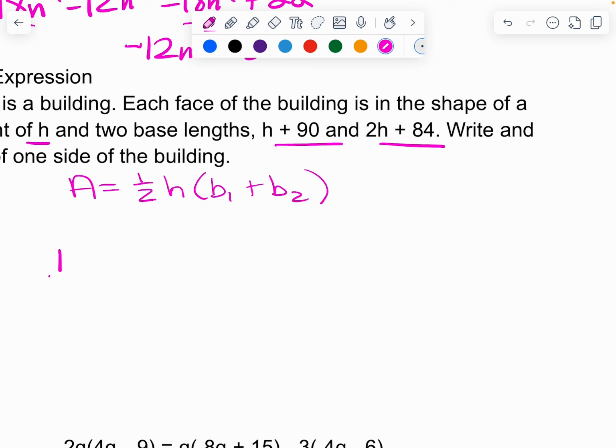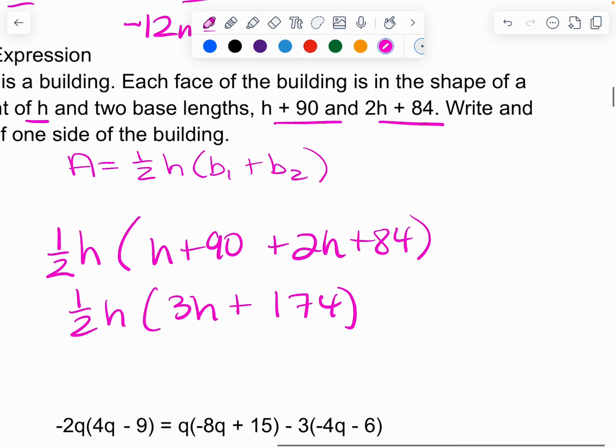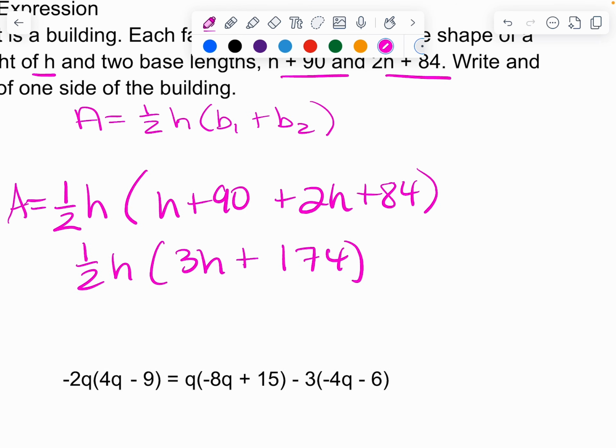So I'm going to take 1/2 h, and then I'm going to have h plus 90 plus 2h plus 84. So I have 1/2 h, so I get 3h plus 174. Oops, area.